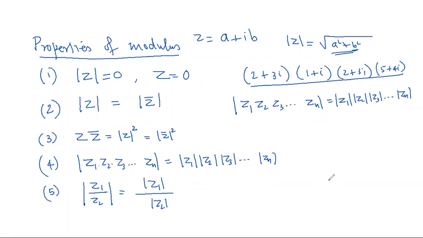Okay. Let me just teach you one problem. Don't write this, just totally understand. 2 plus 3i into 4 plus 5i divided by 3 minus 2i into 5 minus 4i. This is your z.